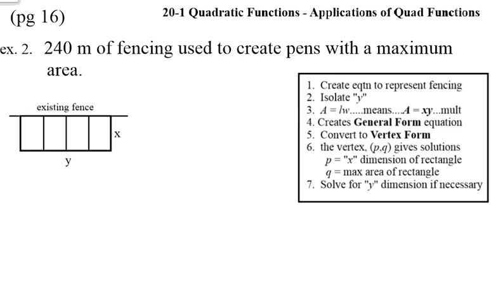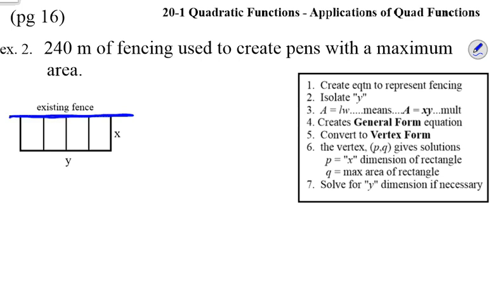Let's take a look at number 2. Same kind of question, little bit different looking pen. It's going to be the same process. If you want, pause the video, give it a try. We'll do it together. But what's important with this one is to understand that this is an existing fence.